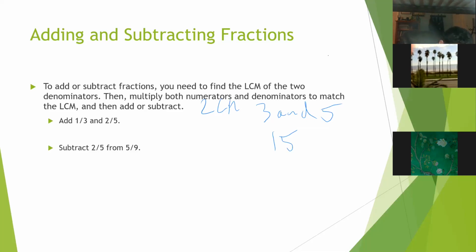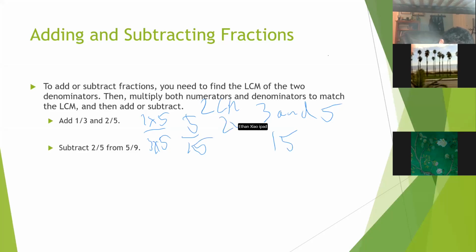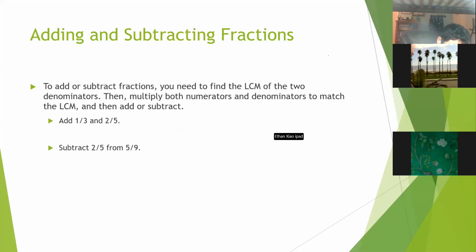So we can do 1 times 5 over 3 times 5 in order to match the new denominator, and get 5 over 15. Then we do the same for the second one, and we get 6 over 15. We add these together, we get 11 over 15.